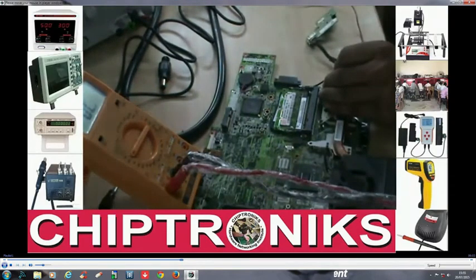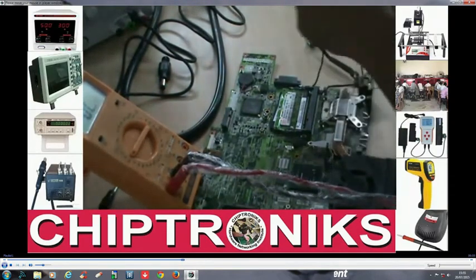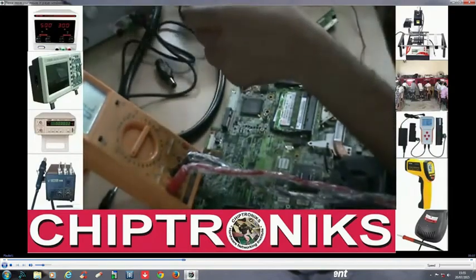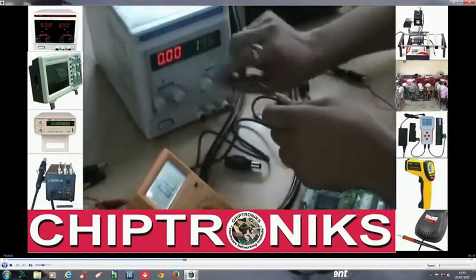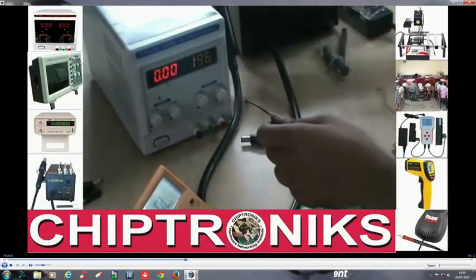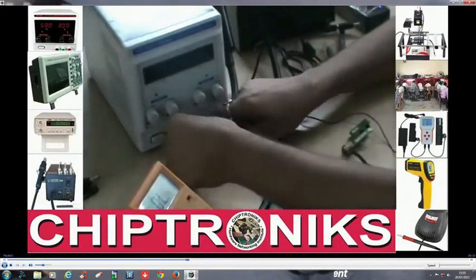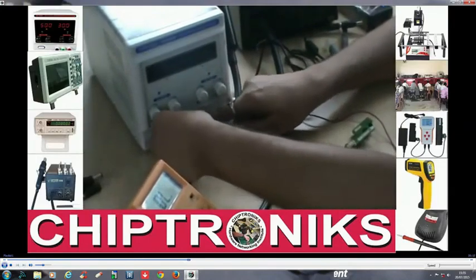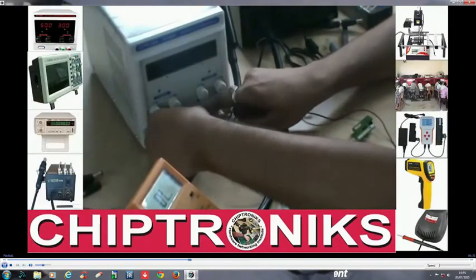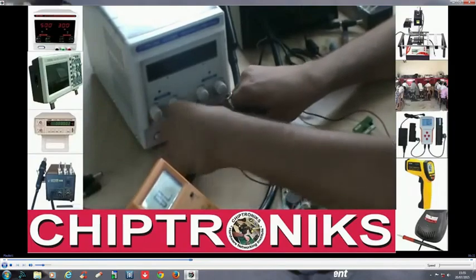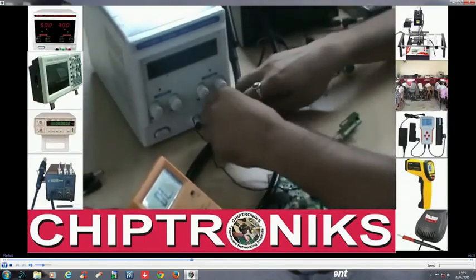Okay, now I connect this cable into the DC power supply.